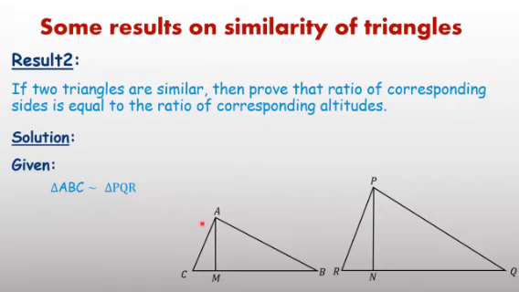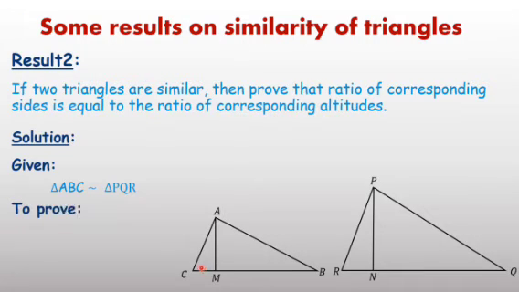Altitude means from any vertex if it is perpendicular on opposite side, then it is known as altitude of that side. Here AM is perpendicular to BC. Here PN perpendicular to QR. Therefore PN and AM are altitudes on sides QR and BC.